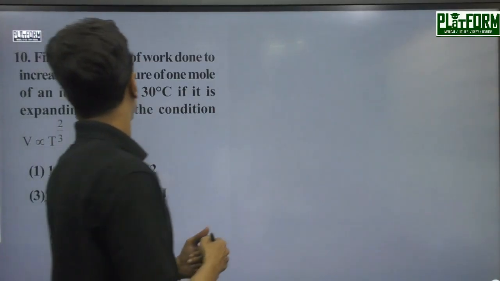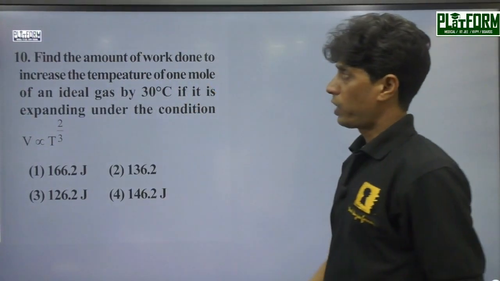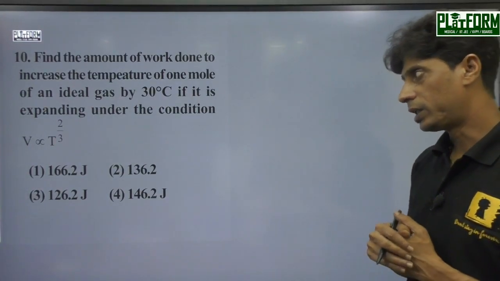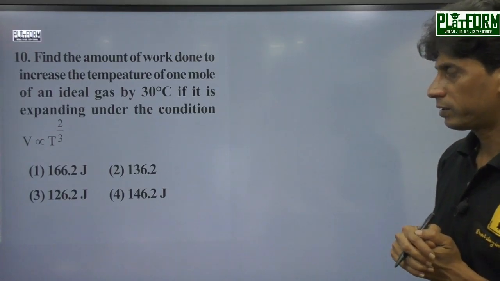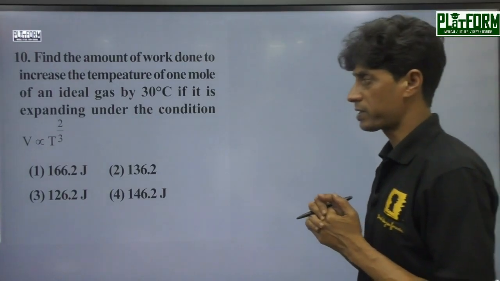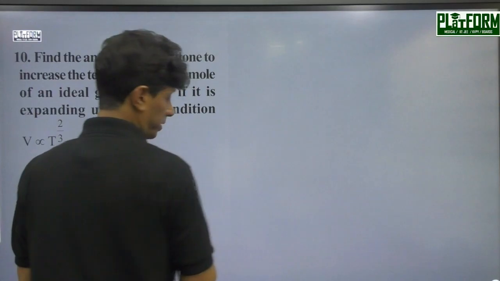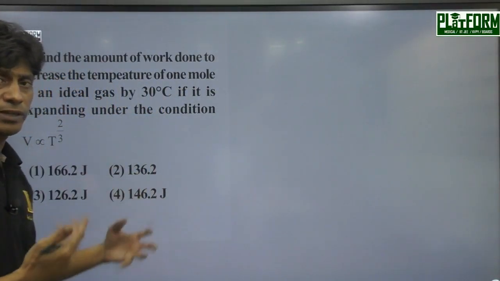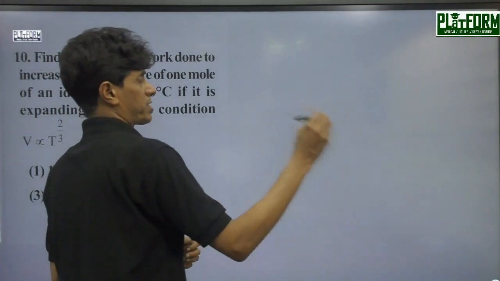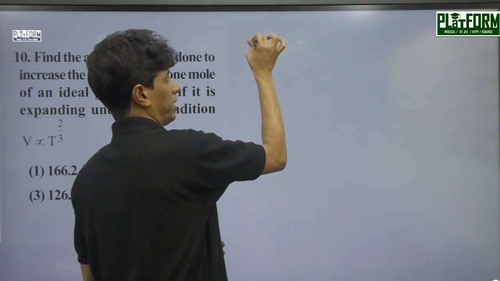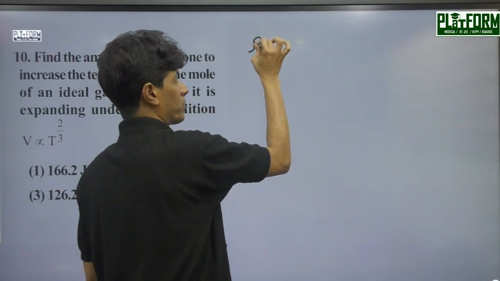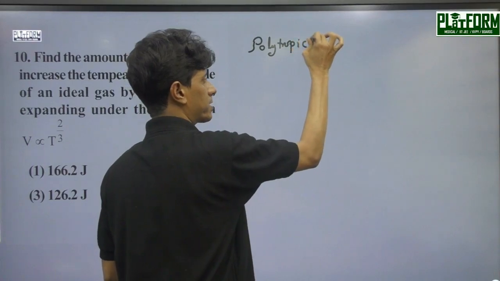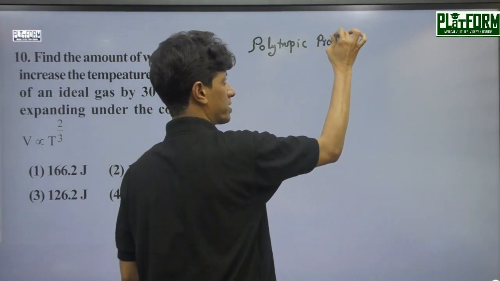Next, find the amount of work done to increase the temperature of 1 mole of an ideal gas by 30 degrees if it is expanding under the condition V varies as T to the power 2/3. Before solving this problem, let us discuss what a polytropic process is.